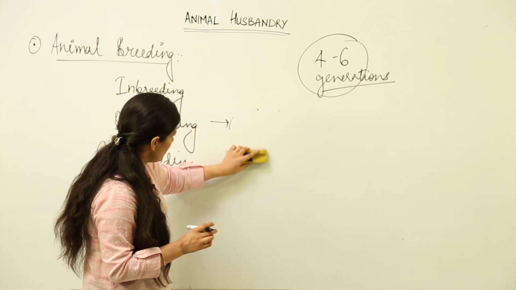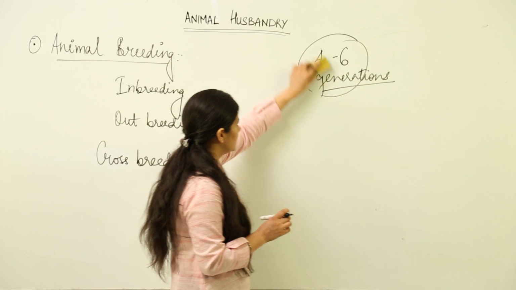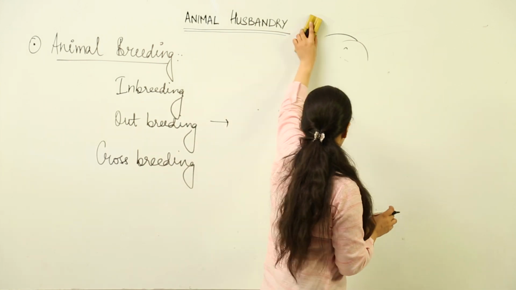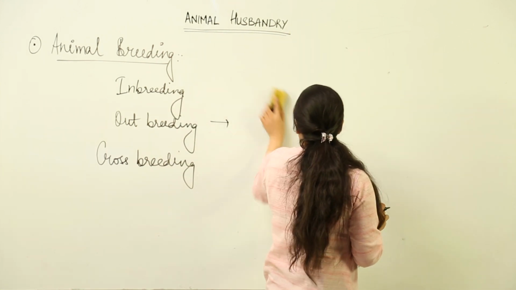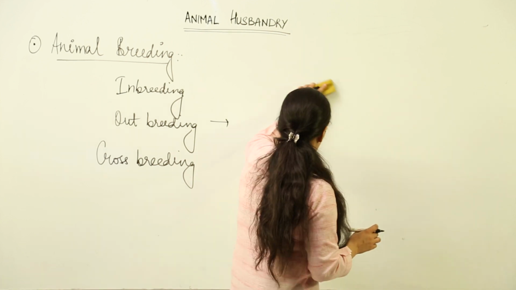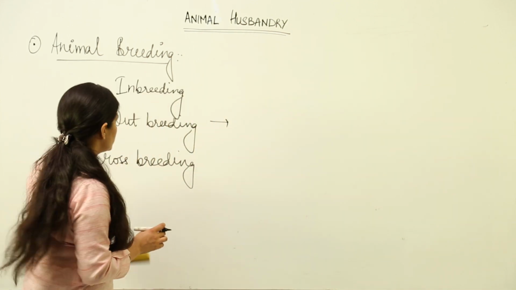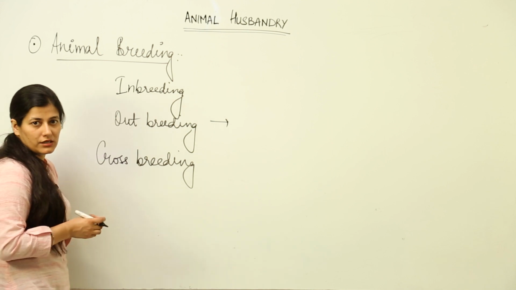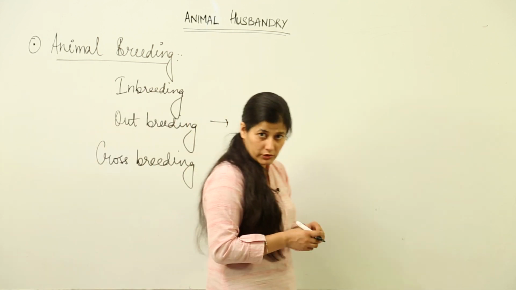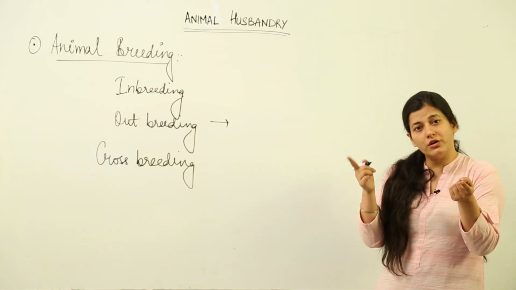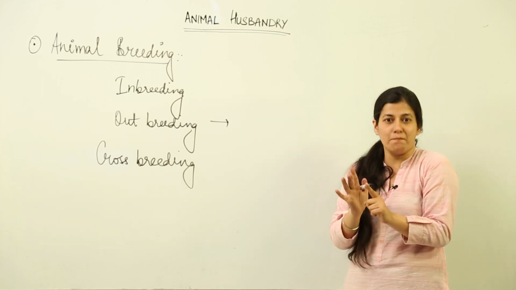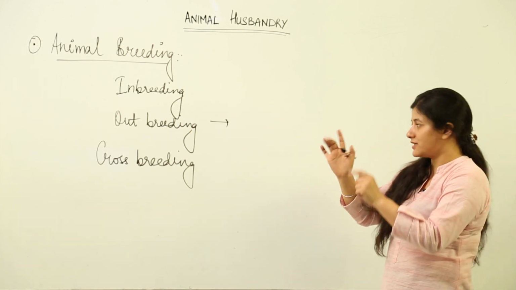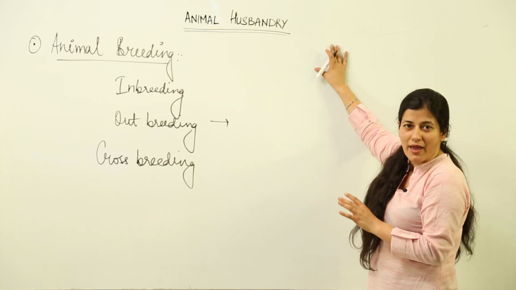Now, we aim at improving the breeds by various methods. Supposedly, you have a superior cow and a superior bull in a dairy farm. You are going to inbreed them, as they belong to the same breed. That means going back 4 to 6 generations, they have the same ancestors.